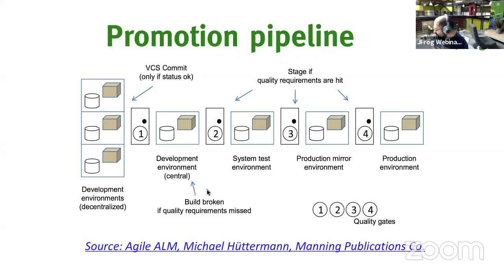That's a diagram that I personally find very descriptive of how the promotion pipeline looks. It's by Michael Hüttermann from the wonderful book Agile ALM, and you can see here exactly what's happening. You have this development environment central.